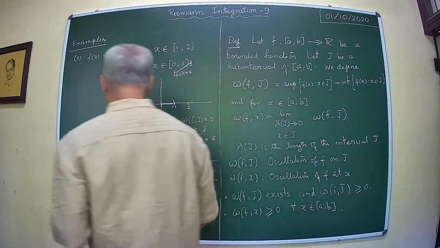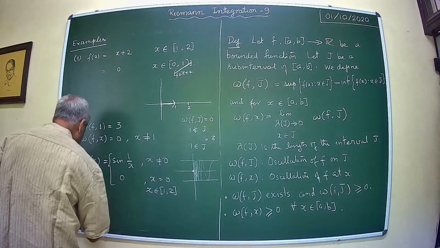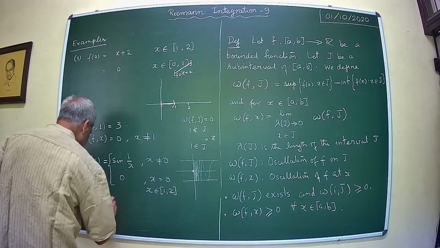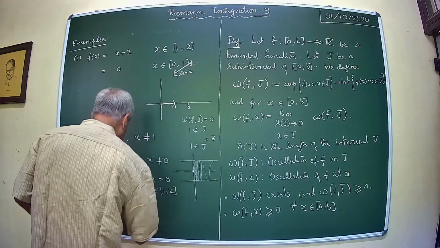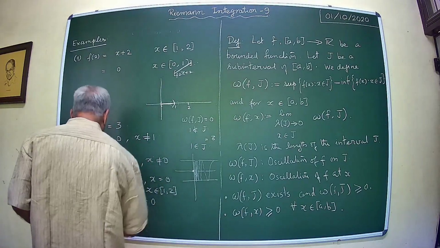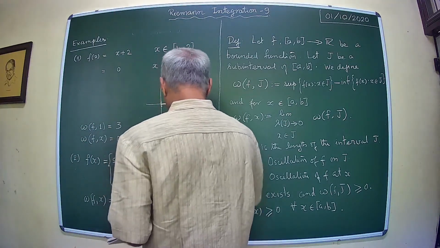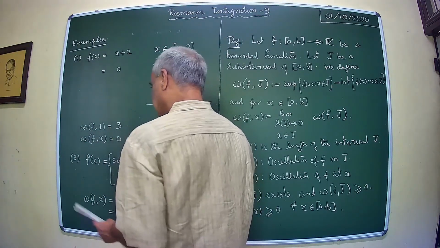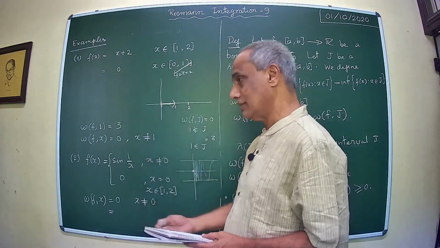Therefore, let us compute the omega at zero, whenever x is not equal to 0. This is equal to, because what is the oscillation that you can have? You take any interval j containing 0 and then calculate omega.